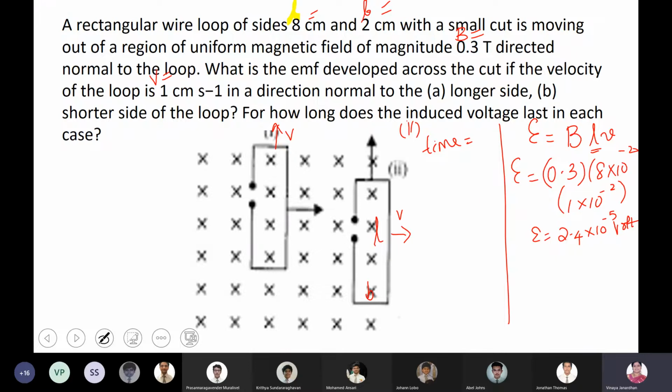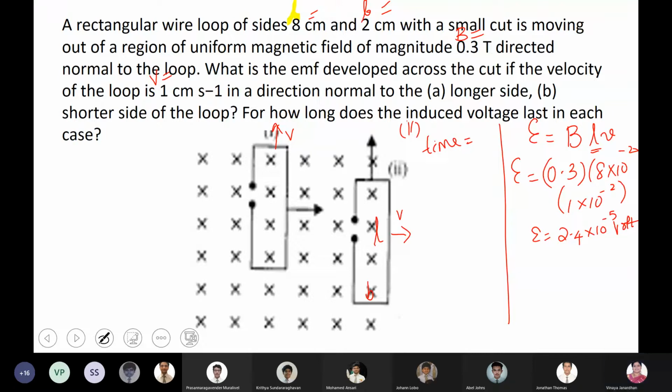Hence, EMF is induced. Suppose the coil is well within the field. If the coil is moving well within the field with a constant velocity, the field being uniform, there will be no change in flux, so there will be no EMF induced. Is that clear, boys?